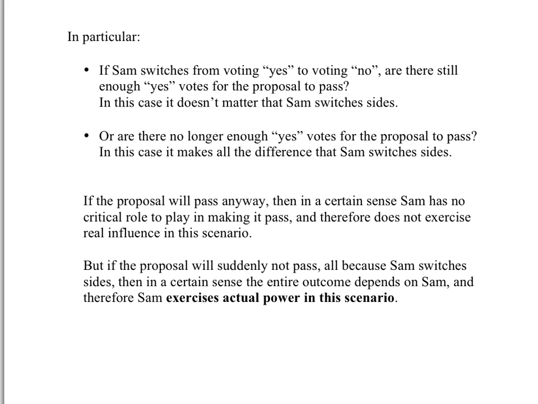But if the proposal will suddenly not pass, all because Sam has switched sides and cast no votes instead of yes votes, then in a certain sense, the entire outcome depends on Sam. And therefore, Sam exercises actual power in this scenario. Right? Sam is determining the outcome of this election.